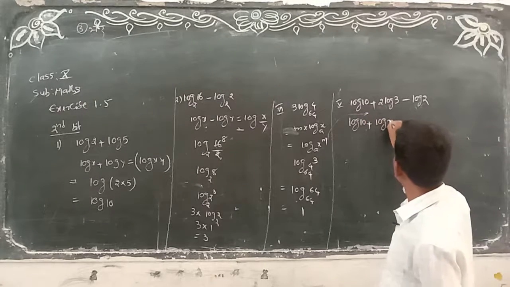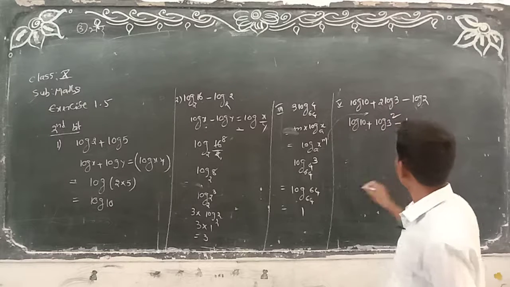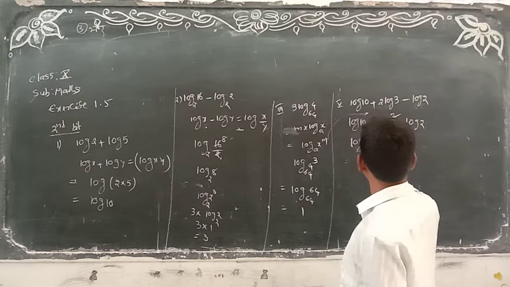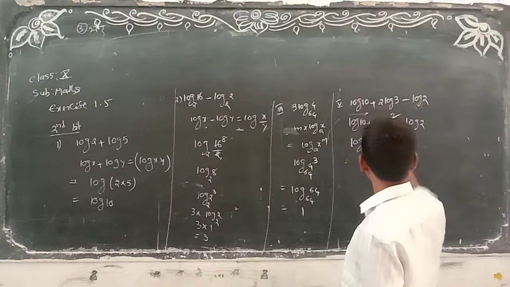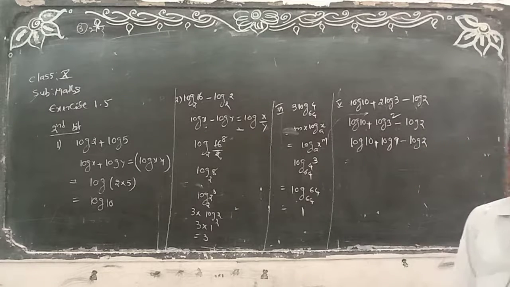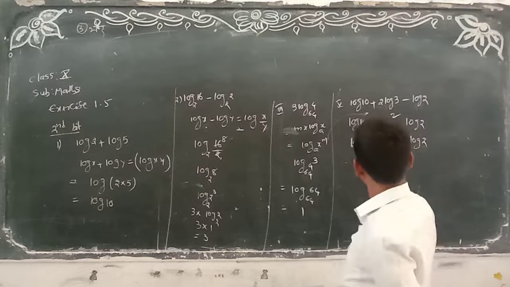Log 3 square minus log 2. Log 10 plus 3 square means what? Log 9 minus log 2. Okay?